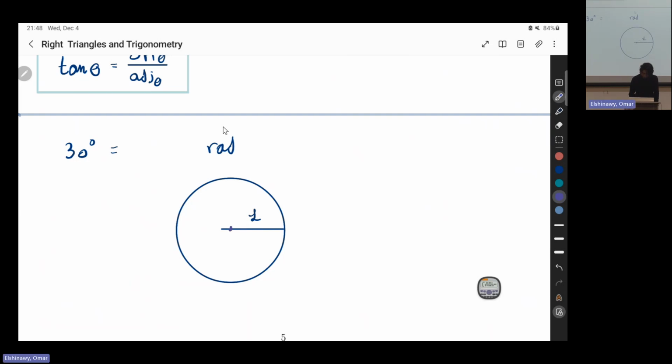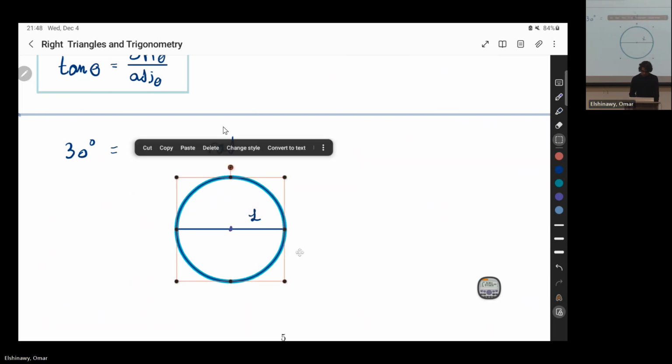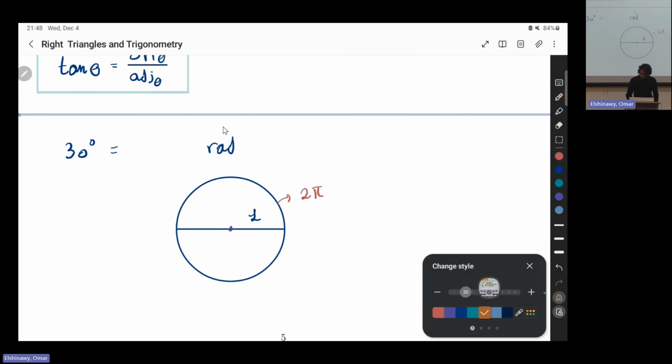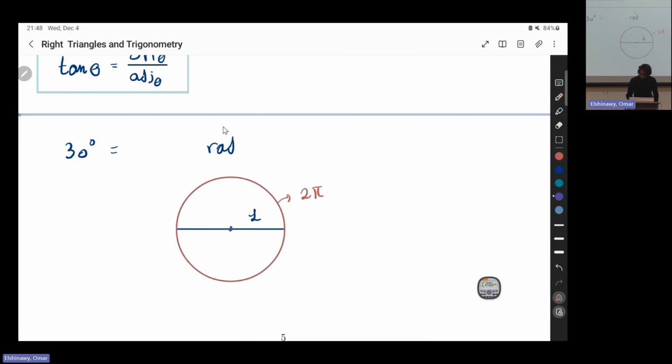No, the circumference. Circumference is the outer fence that you have. So it's the boundary. What's the length of the boundary? If you have a circle of radius r, the fence is usually 2 pi r. But here the radius is 1, so it's just 2 pi.